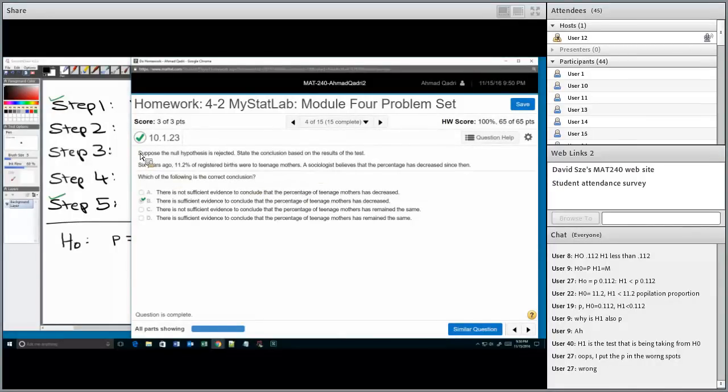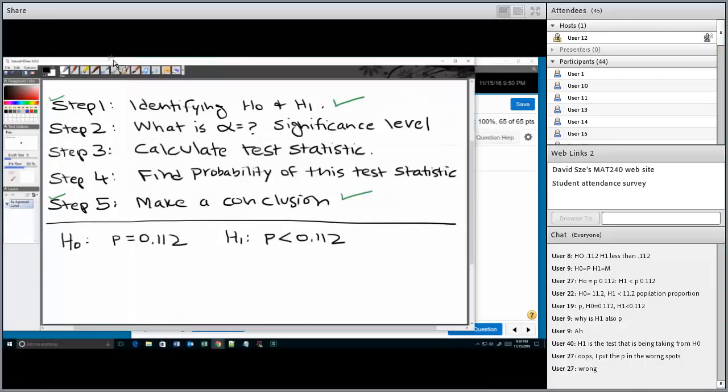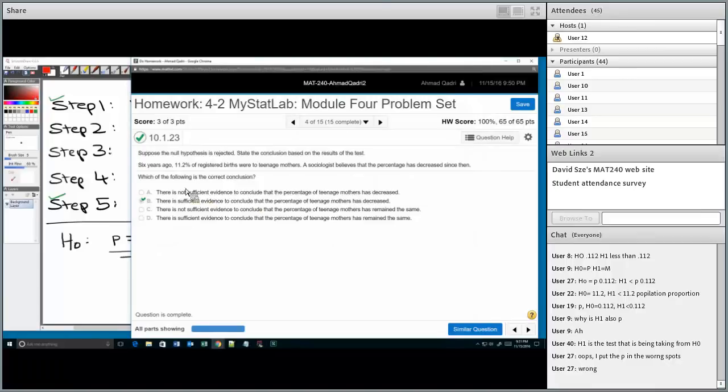Okay. Now, remember the question said, suppose the null hypothesis is rejected. So you have found using your analysis that you reject the null hypothesis. Which of the following is the correct conclusion?